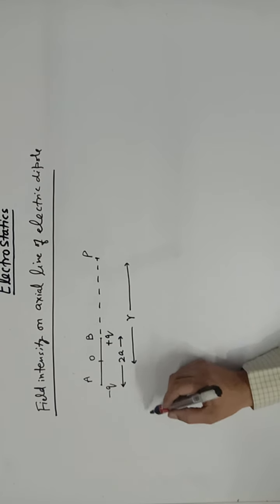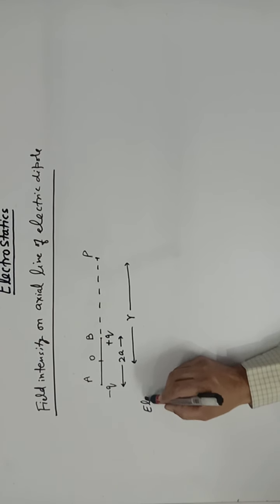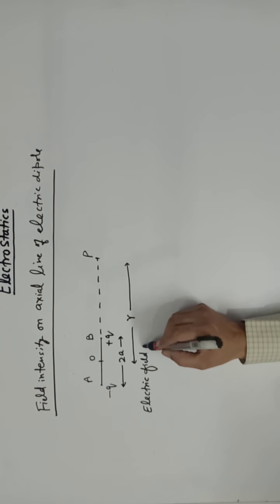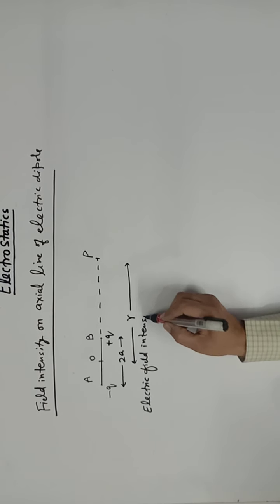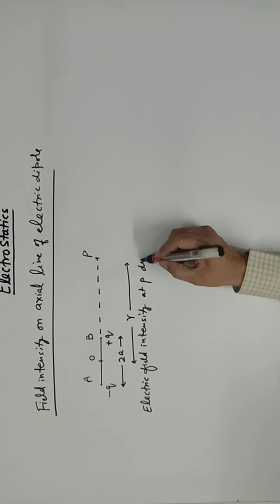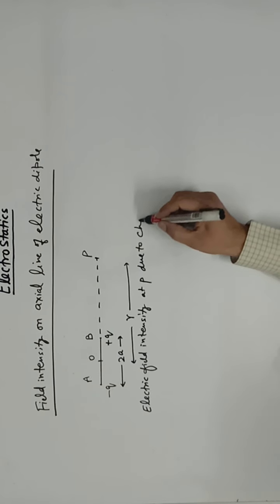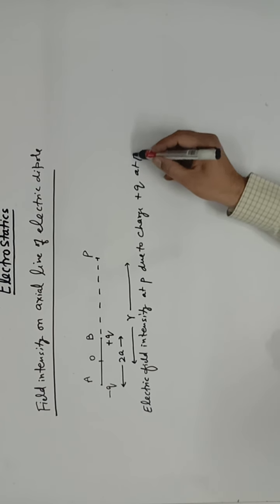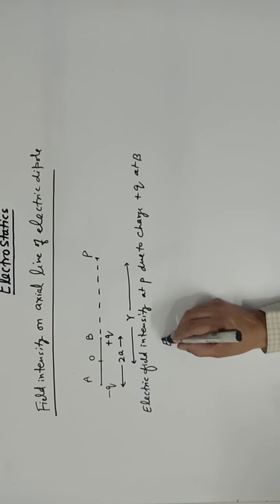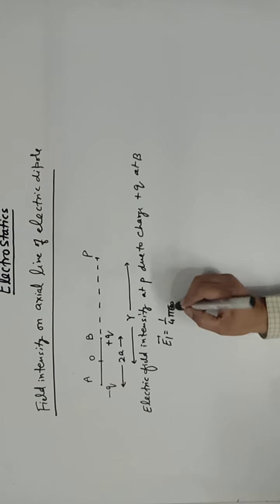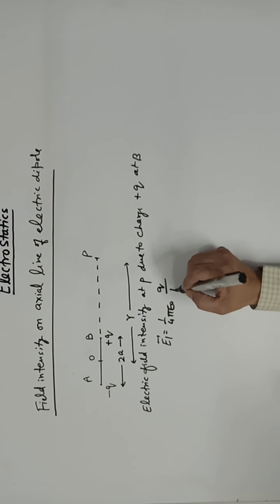So the electric field intensity at P due to charge plus q at B is given by E1 equal to 1 upon 4 pi epsilon naught q upon PB square.